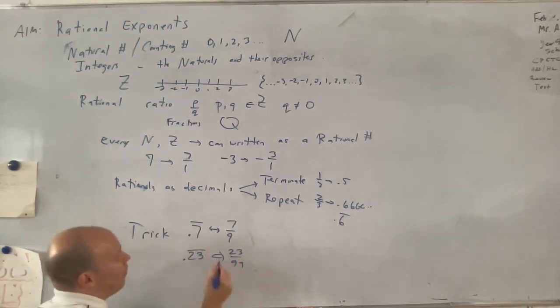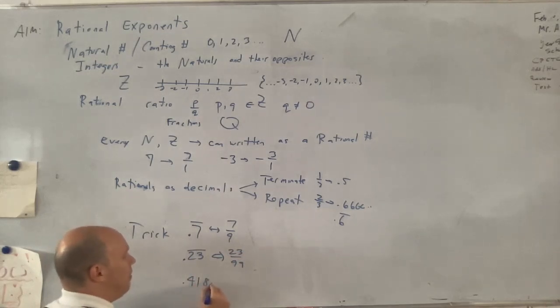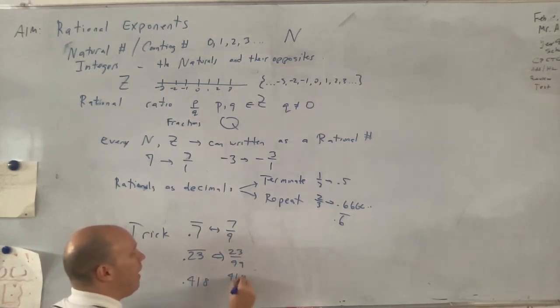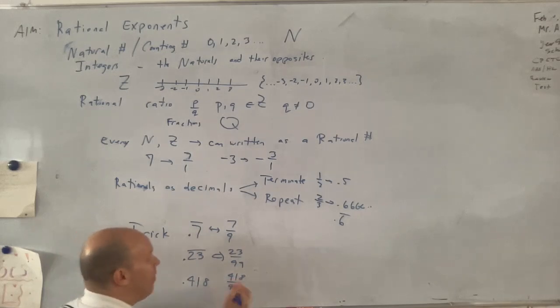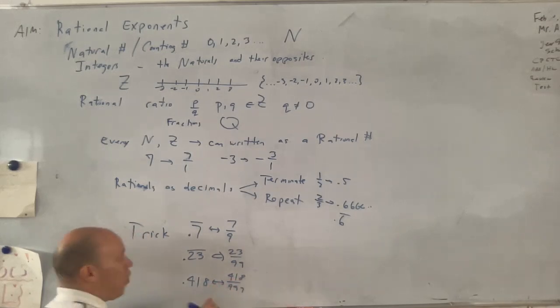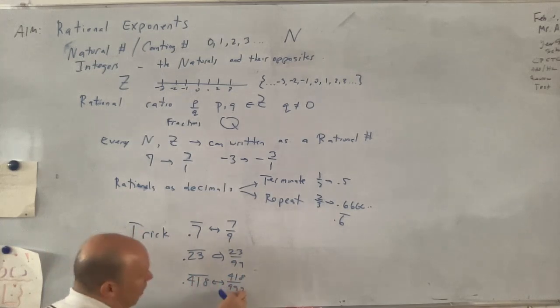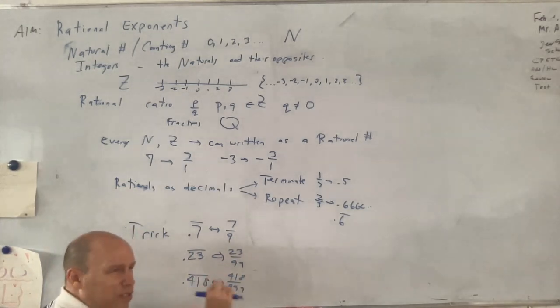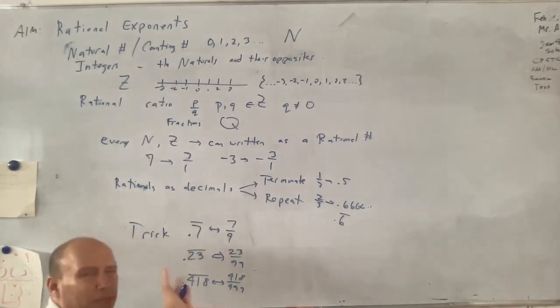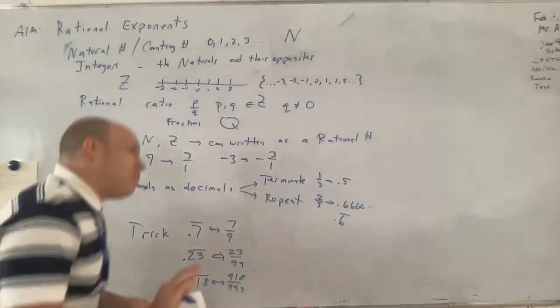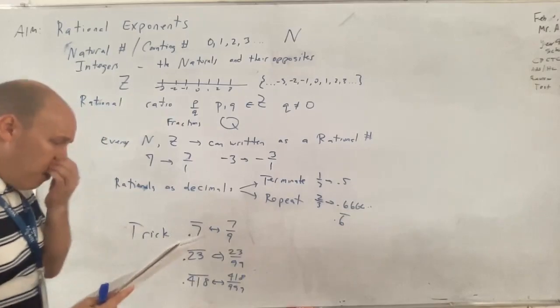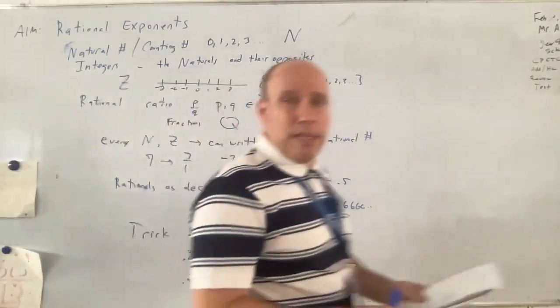That's how you write this as a fraction. Or 0.418 repeated is 418 over 999. That's how you turn a repeating decimal into a fraction. But you have a calculator, so you don't need this; it's just something to know.